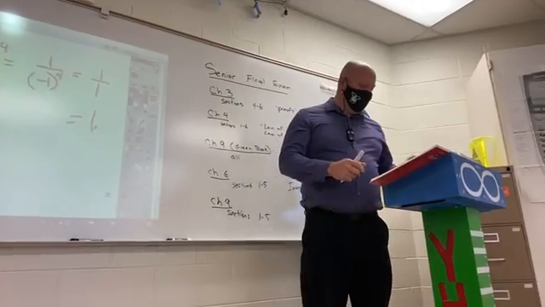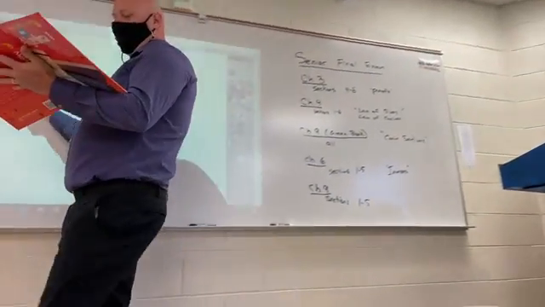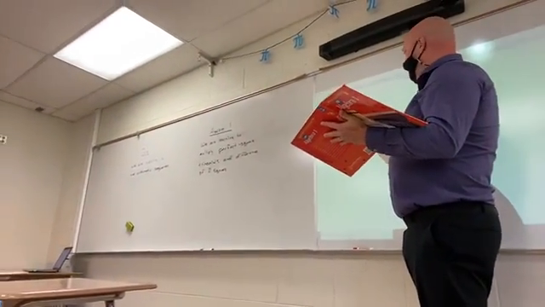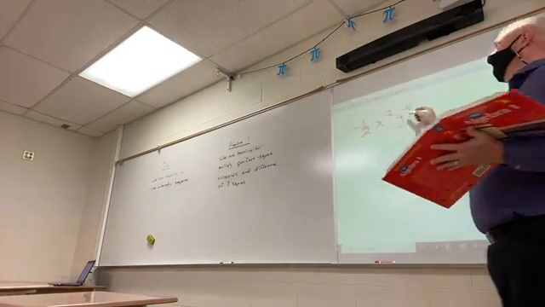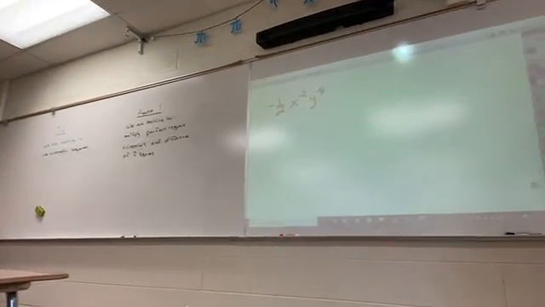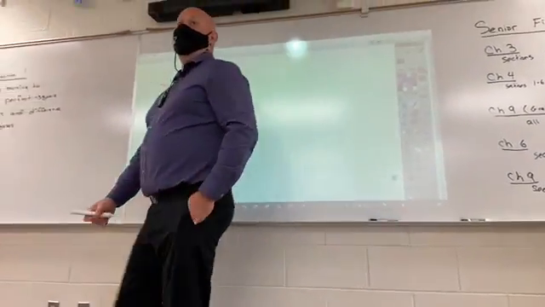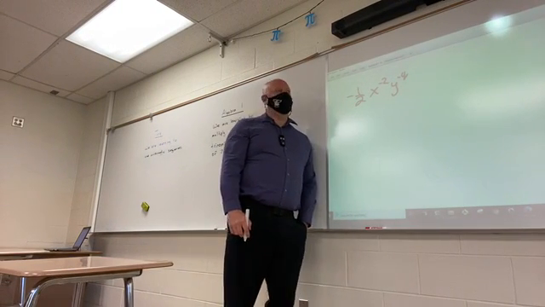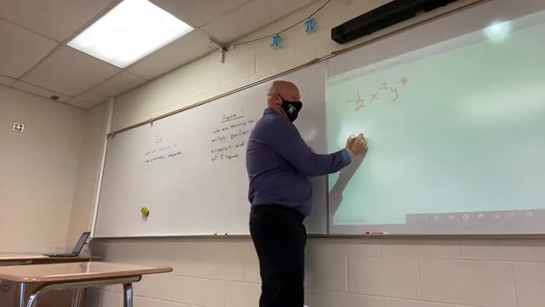How about a question like number 16? So you have negative 1/2 times x to the negative 2 times y to the negative 4. Do you do anything with the negative 1/2? Do you flip negative numbers? No. Negative 1/2 is just negative 1/2.